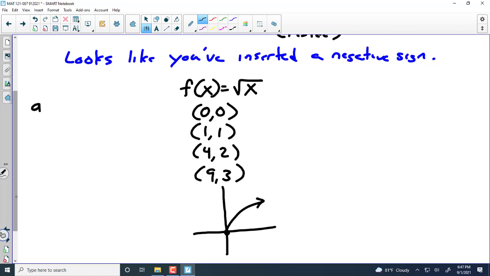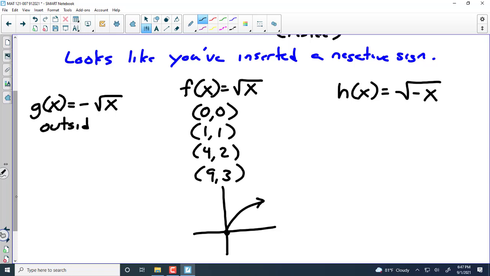What someone might do is they might put a negative sign in front of the entire function, like that. Or they might put a negative sign directly in front of the x, not the entire function. Either way, we get a reflection. This one's on the outside. This one's on the inside.